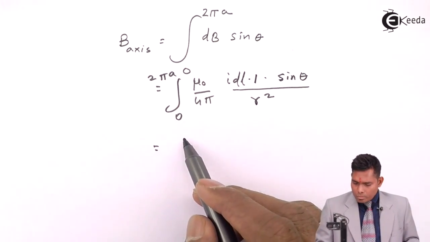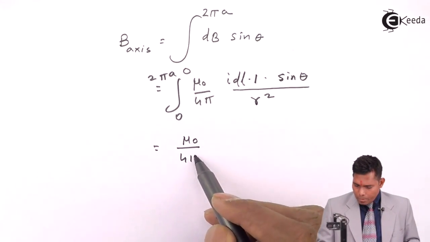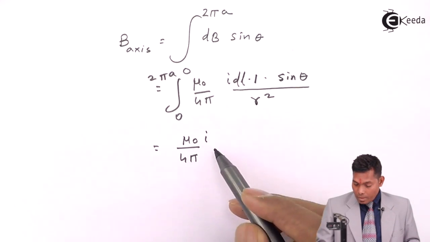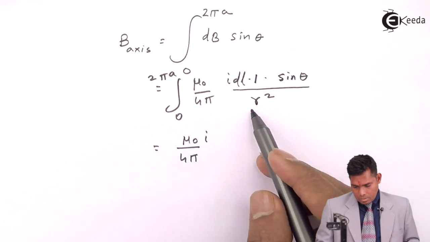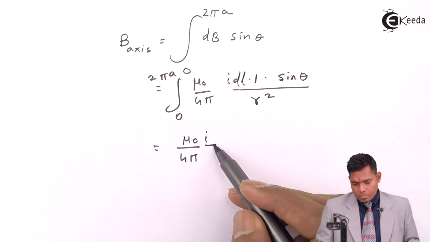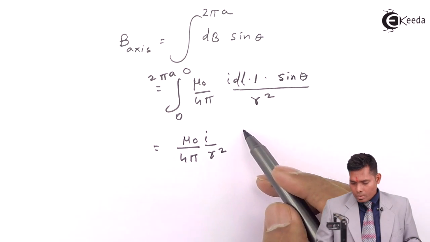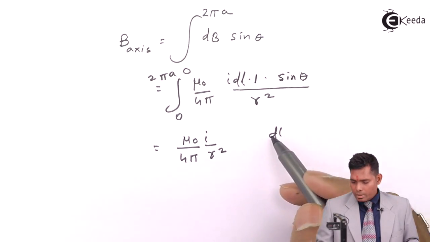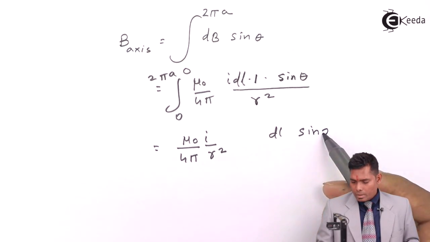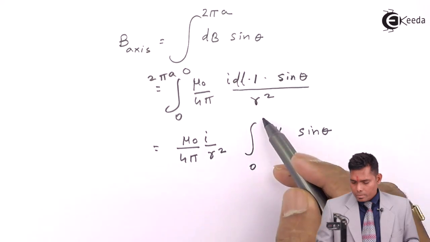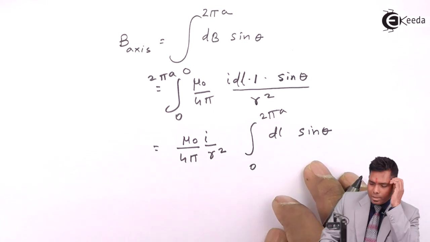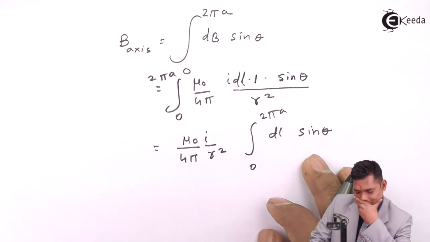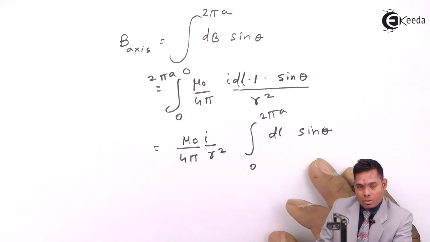Now mu 0 by 4 pi comes out, I is common, R is the same, comes out, dl integrate and sine theta. Now we have to write sine theta in terms of the other variables.